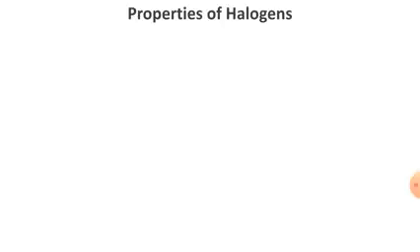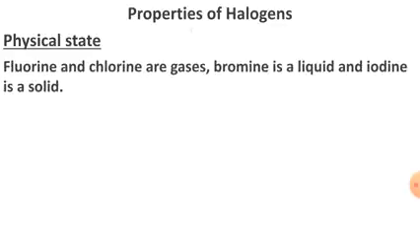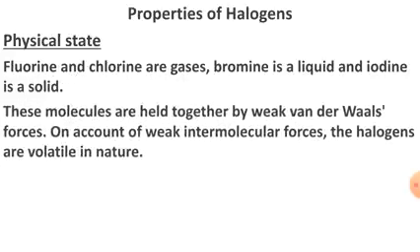The first property is physical state. I told you in this lecture that fluorine and chlorine are gases, bromine is a liquid and iodine is a solid. This is because these molecules are held together by weak van der Waals forces. As the size increases down the group, the intermolecular forces also increase.